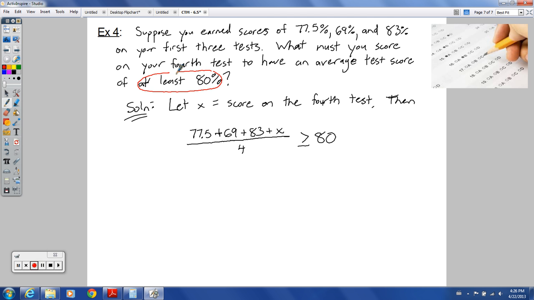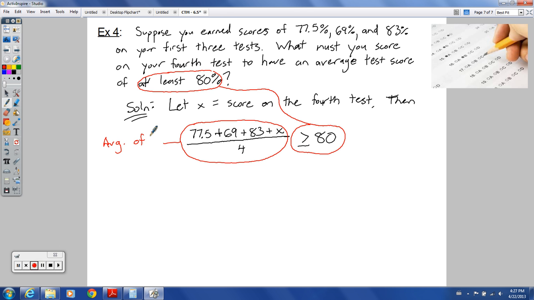So this right here, let's circle that and let's connect that to this right here. That's where this comes from. And then this part right here, let's circle this part in our different color and make a little note of where this came from. This was the average, AVG standing for average, the average of the 4 test scores.